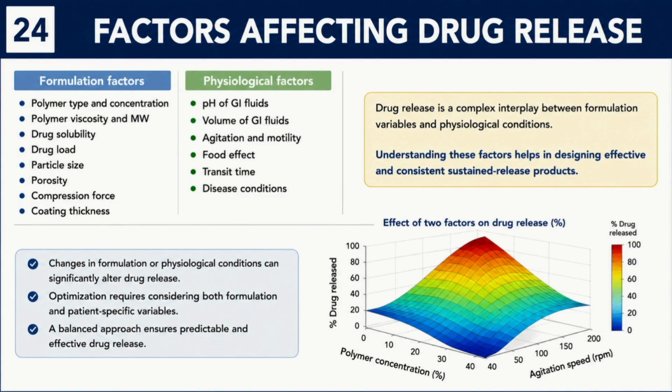From the physiological side, factors include GI pH, fluid volume, motility, food effects and gastrointestinal transit time. Okay, so therefore a sustained release formulation is not simply a matter of adding polymers. The formulation scientist must understand how the drug, polymer and physiological conditions interact here.